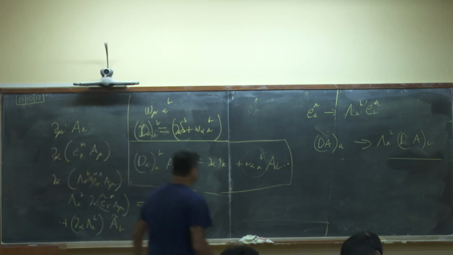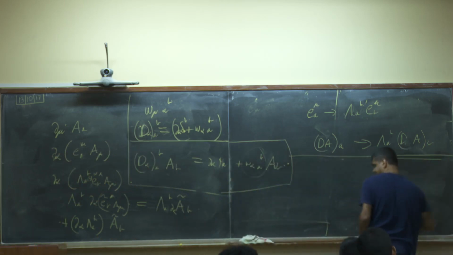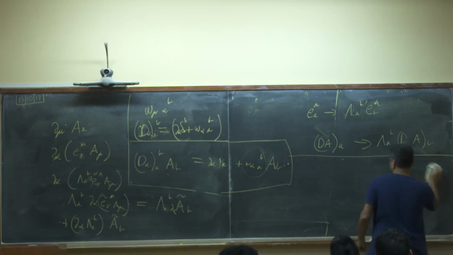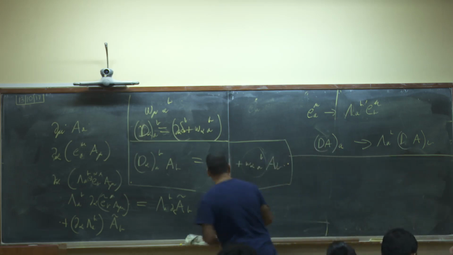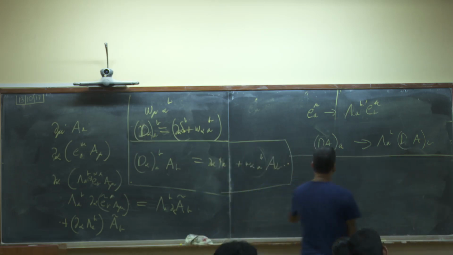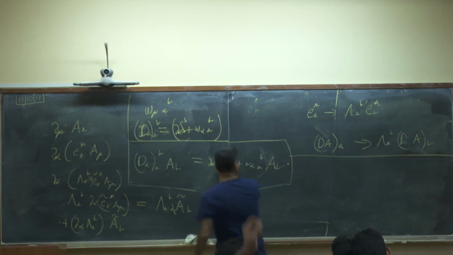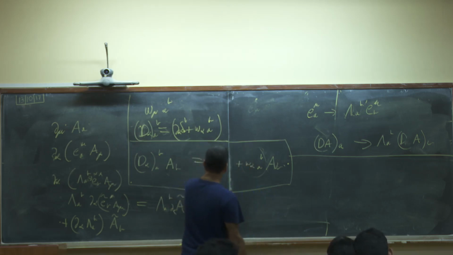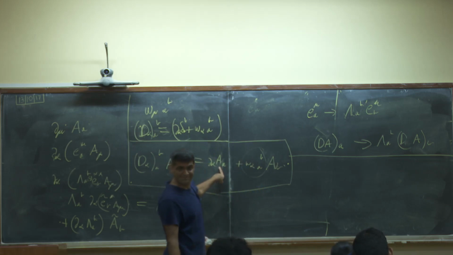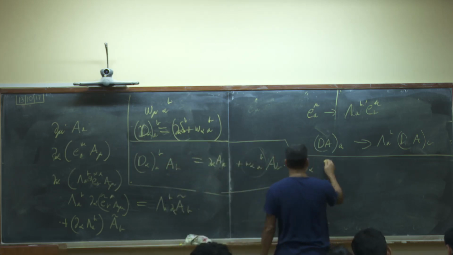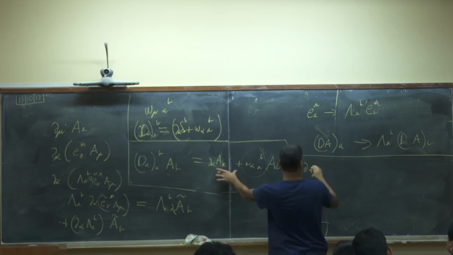Okay? Okay, so let's see. So, firstly, let us write down what the original thing was. It was this. And then we will transform it. So this is d alpha of psi A, so this goes to what?